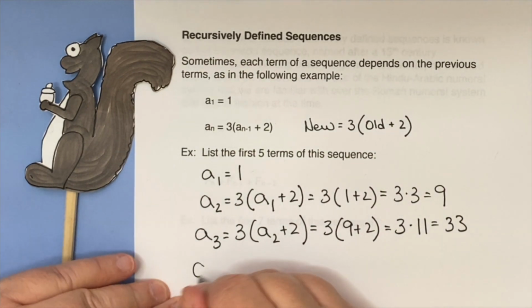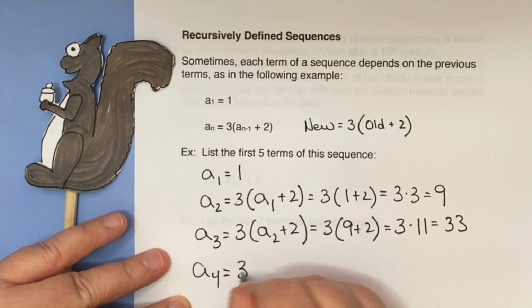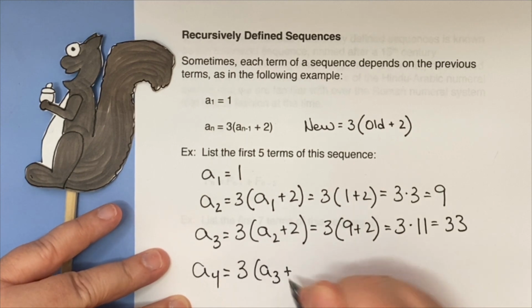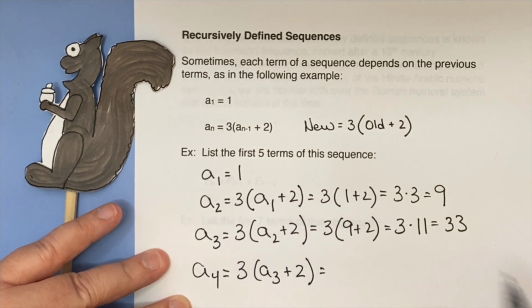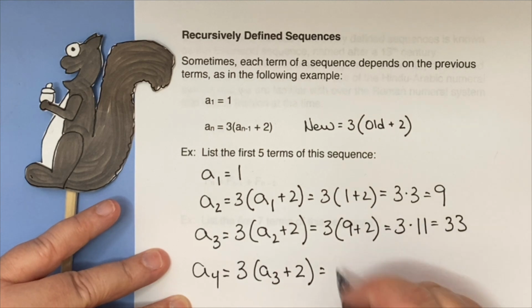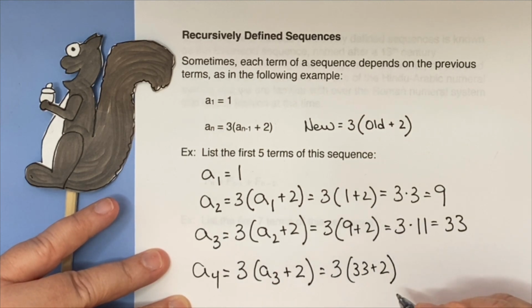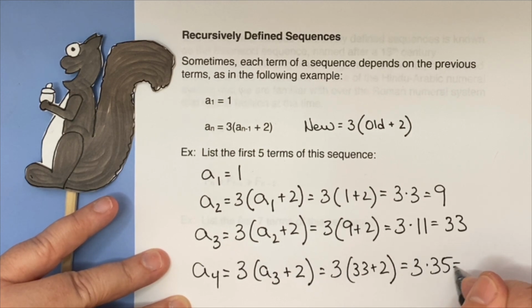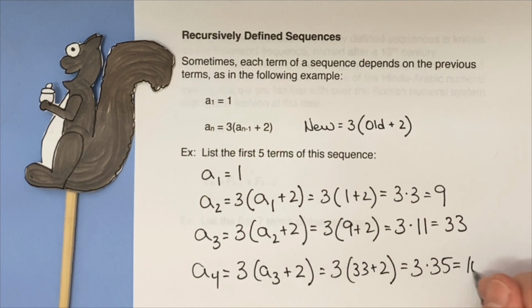Okay, a sub 4 is 3 times a sub 3 plus 2. A sub 3 is 33. This is getting really big really fast. That's 3 times 35, which is going to be, I think, 105.